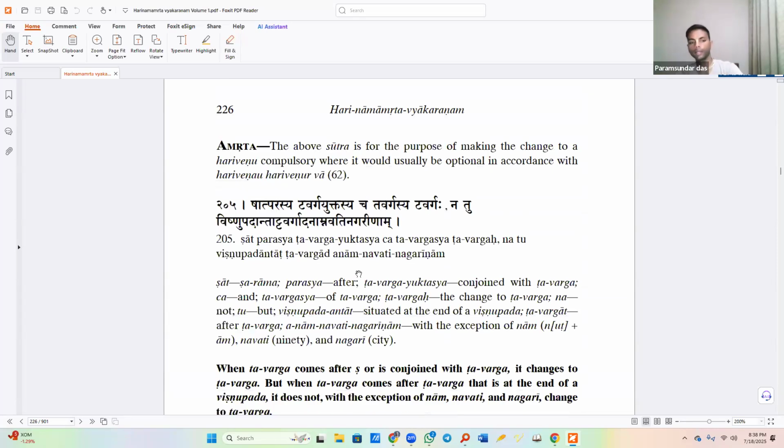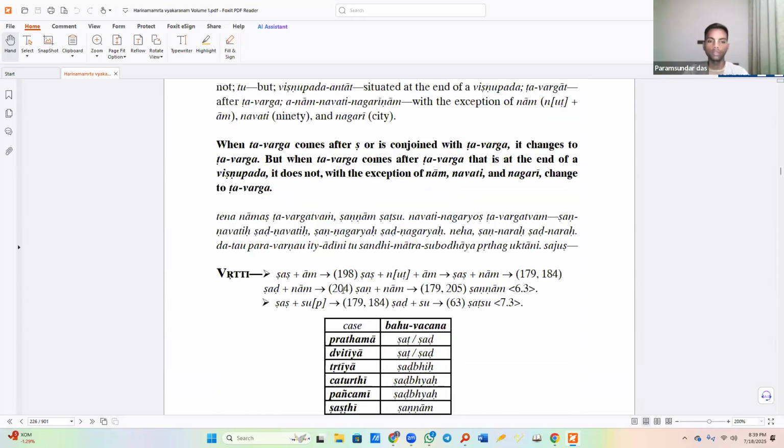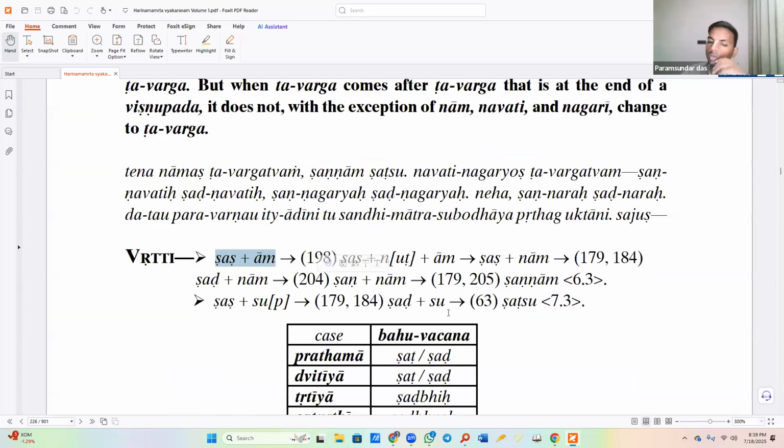Now this 205. So first of all, Shash plus Am, 6.3. And we insert note by, yesterday we did that sutra, Nodami. What was the sutra?